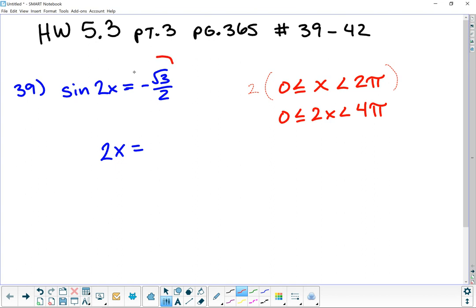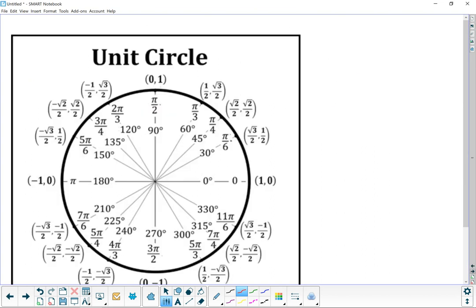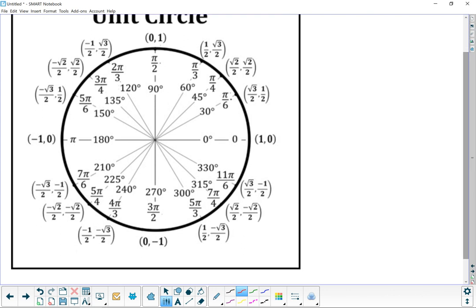But we are looking for negative radical 3 over 2 in two circles, right? So keep in mind this is only the first circle. So negative radical 3 over 2, we are right here. Right here. That means our answer is 4 pi over 3, and we have right here, which means our answer is 5 pi over 3.